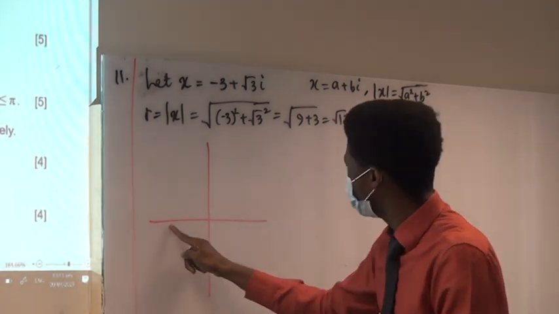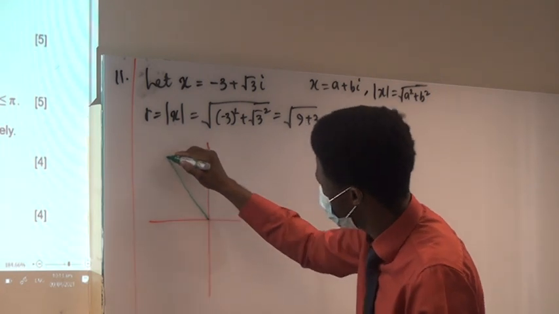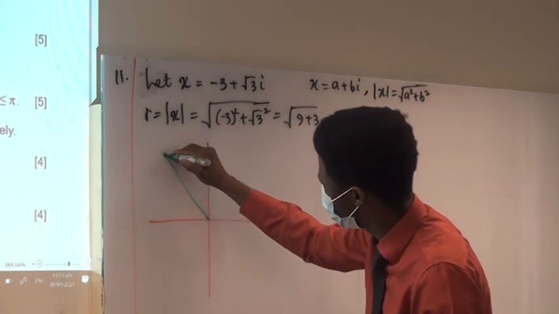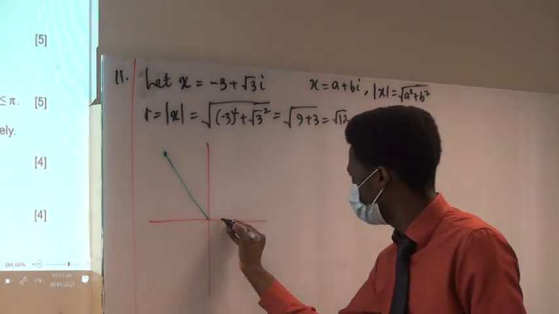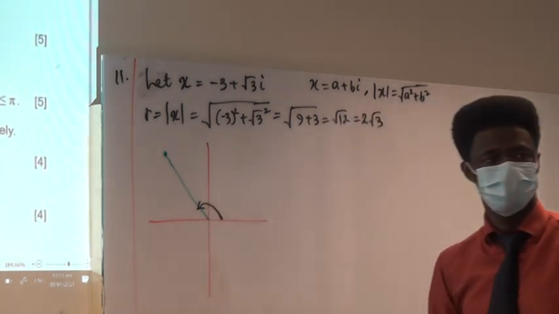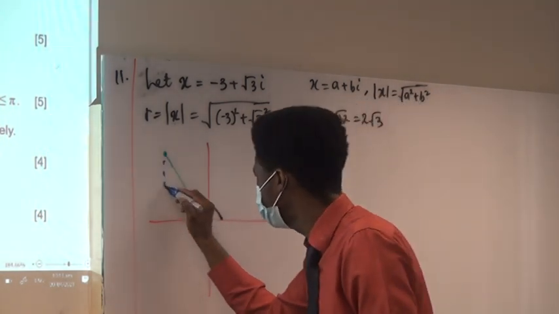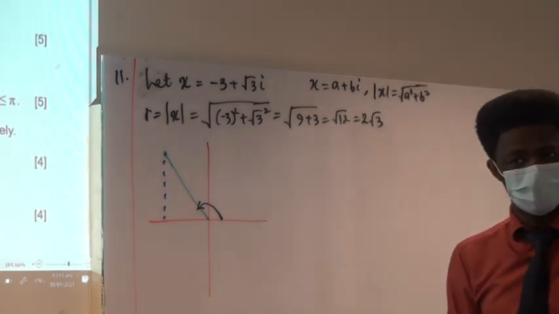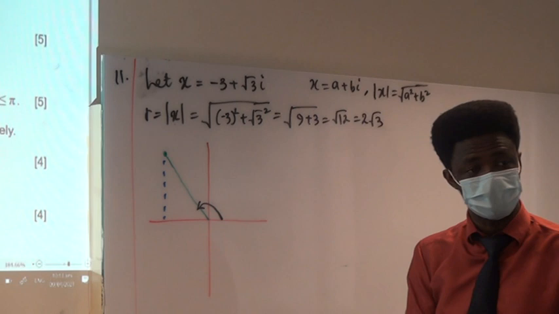So the x coordinate is minus 3, the y coordinate is positive. So your complex number looks like this on the Argand diagram. Understand? And your argument is this measure from here to here. When we did it, we always form a right angle triangle. Clearly, our argument is more than 90. 90 is pi over 2.